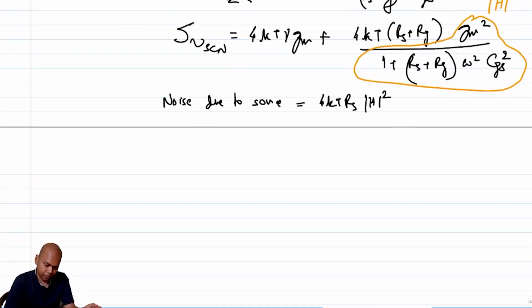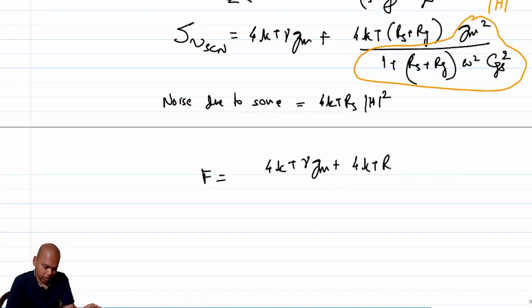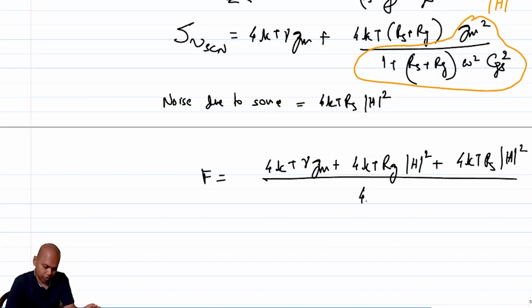So then what is noise factor? Our noise factor is 4kT gamma Gm plus 4kT Rg times mod of H squared plus 4kT Rs times mod of H squared, by 4kT Rs times mod of H squared.